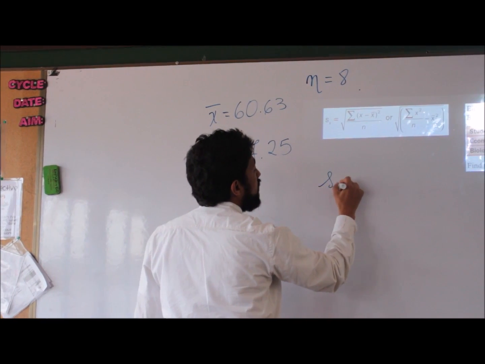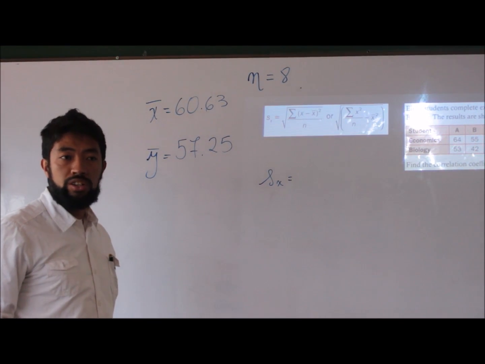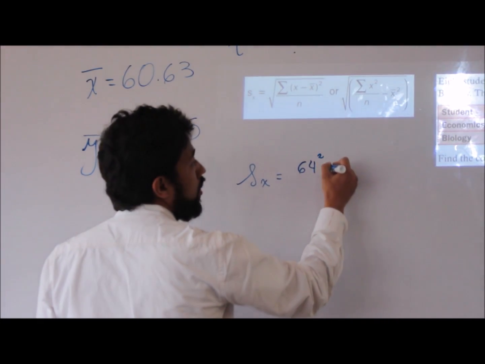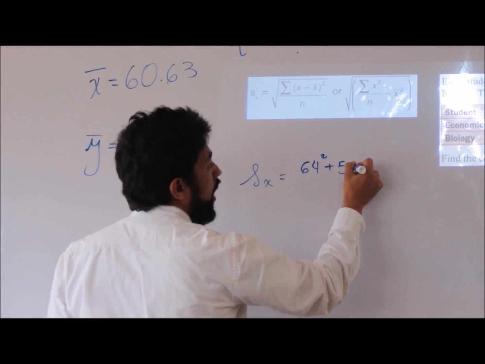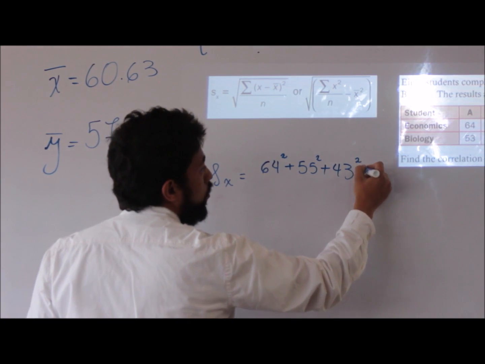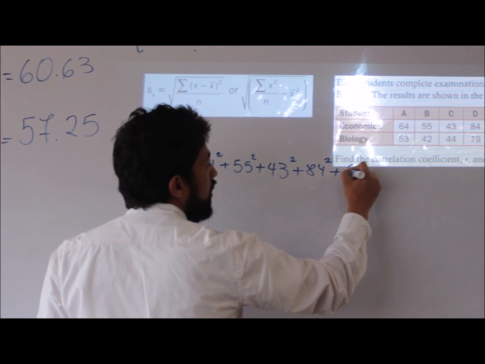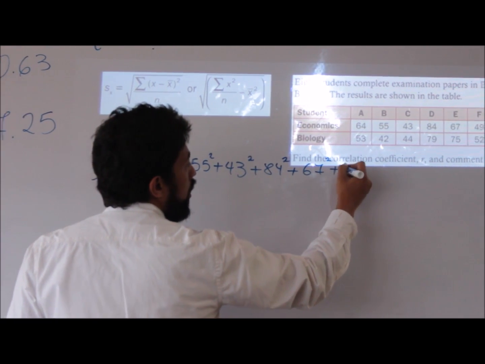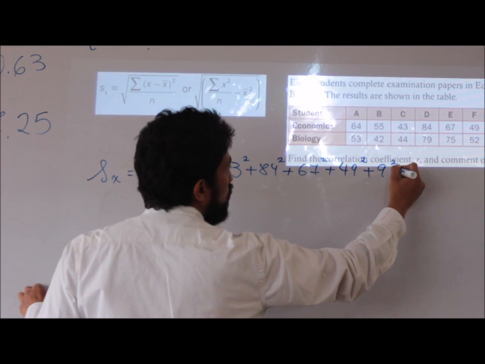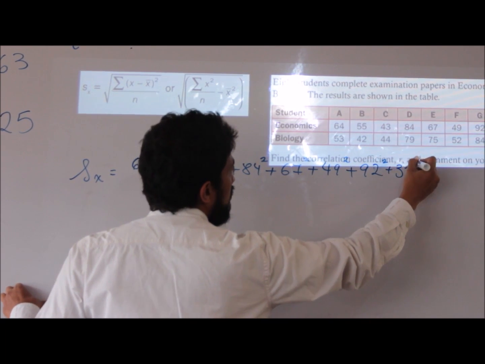So I have s of x, and it will be equal to the square root of the sum of the x's squared. What that means? 64 squared plus 55 squared plus 43 squared plus 84 squared plus 67 squared plus 49 squared plus 92 squared plus 31 squared.